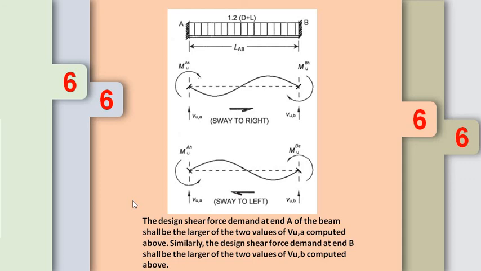Similarly, the design shear demand at end B shall be larger of the two values of Vu,B computed above. This way you can calculate design shear force demand on beams under plastic hinge action at their ends.